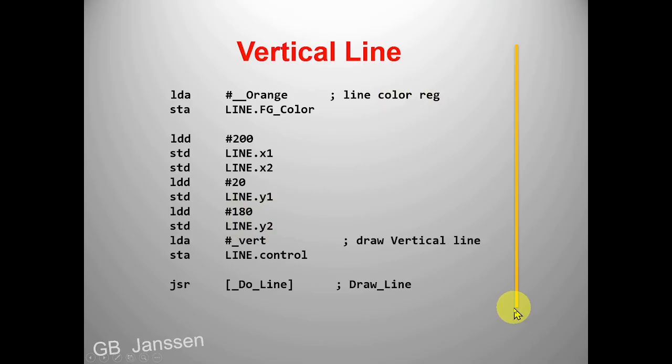That's our four coordinates, just like you do in BASIC. We load up A with the parameter underscore vert, which tells it it's a vertical line, store that in the control, and jump to the code that's up at D700, and you'll get an orange vertical line.